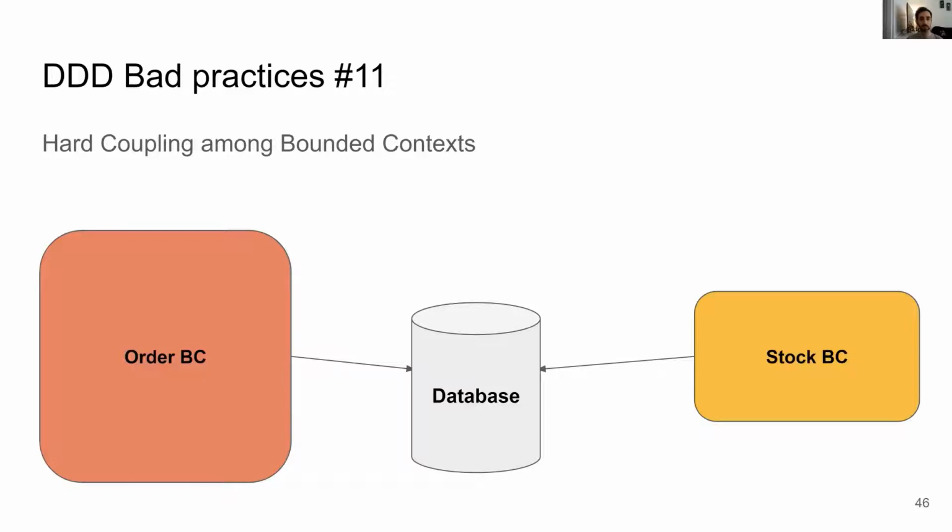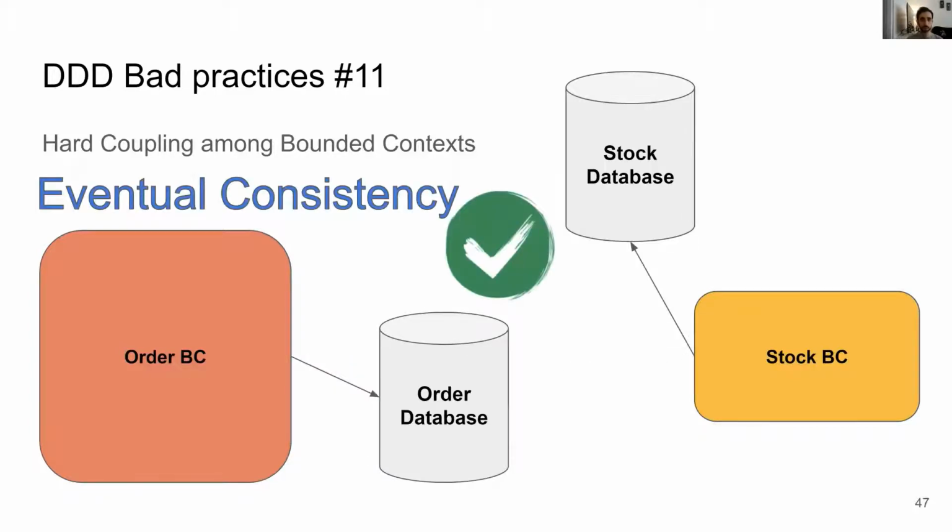Your system will not work, even if you use a messaging-based system. As they are coupled in data structure, it can couple them again. So here the idea is again to separate the databases and use eventual consistency to synchronize the data between these two bounded contexts.